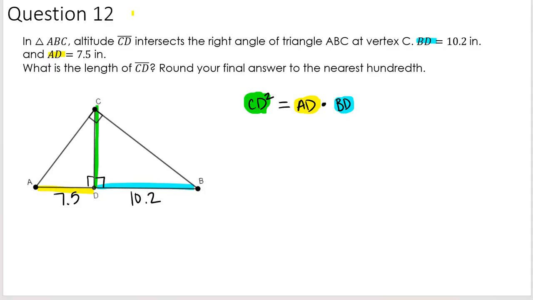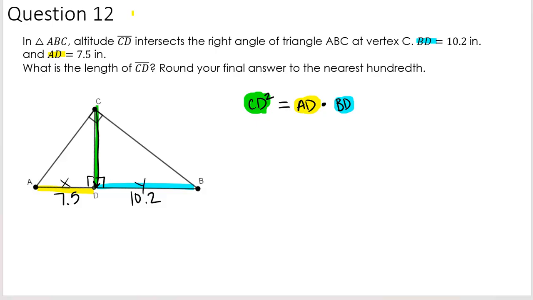Okay, so when you have an altitude in any right triangle, when you draw that altitude in, it's going to be perpendicular to the opposite side. It's going to split it into two pieces. They're not going to be equal to each other, or they might be, but we can't guarantee that they are. We can call them X and Y here.